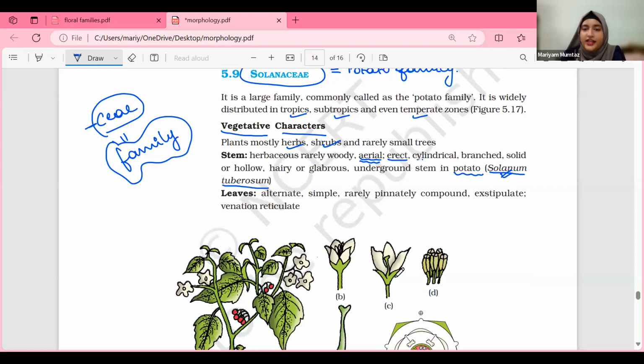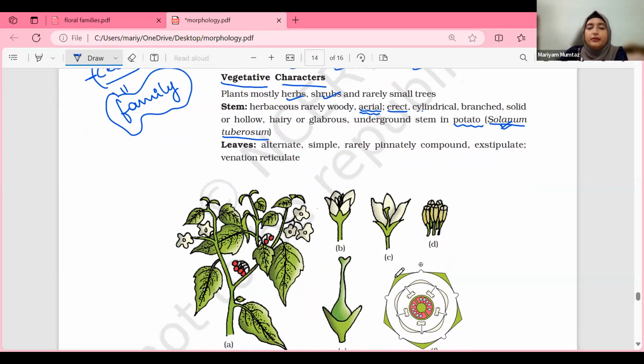Now, we have talked about the stem. Moving on to the leaves, how are the leaves? So the leaves are alternate. Can you remember what alternate leaves were? Alternately arranged. Opposite was another one. Alternate, opposite, and the third one was whorled.